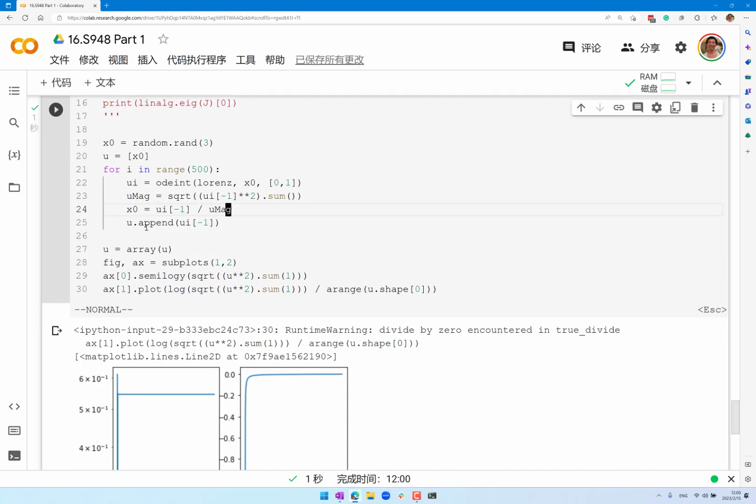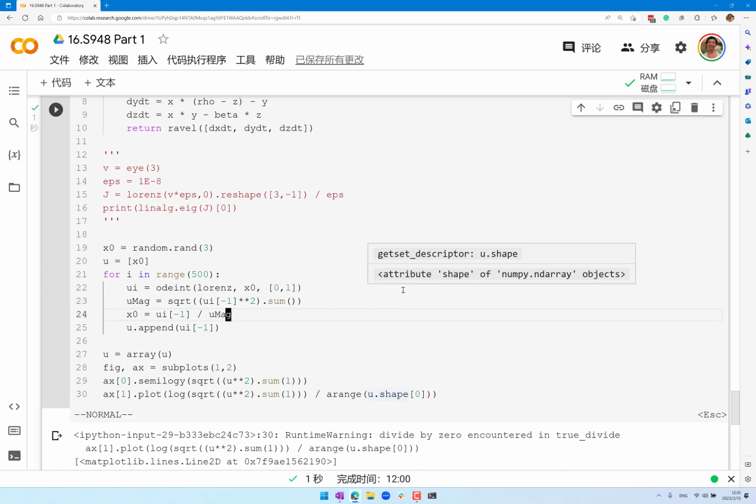So when I look at these successively smaller, the magnitude is no longer getting smaller. That's why when I divide the magnitude by the length of the time integration, we no longer recover the leading eigenvalue. So what is the solution to this?